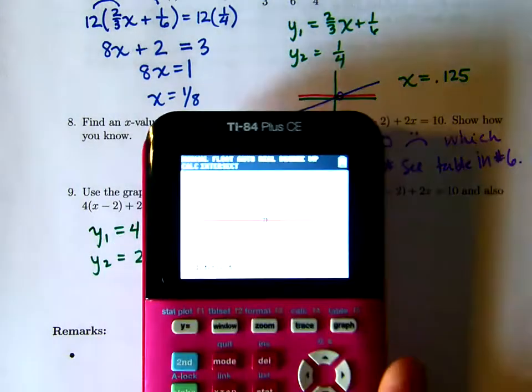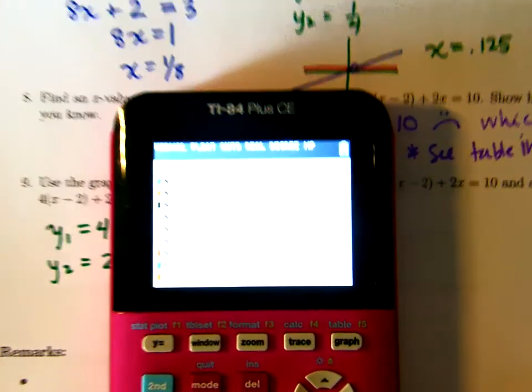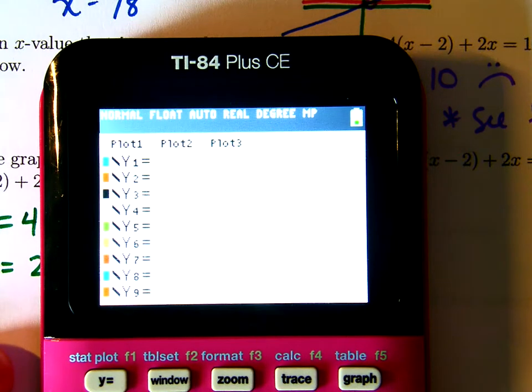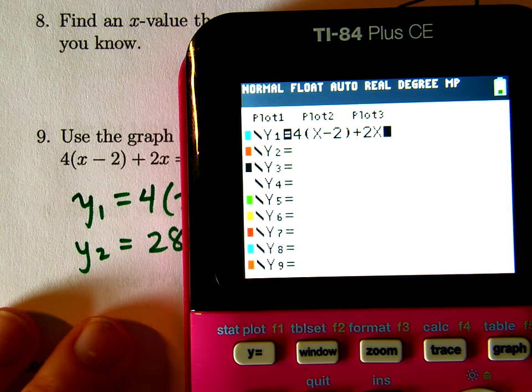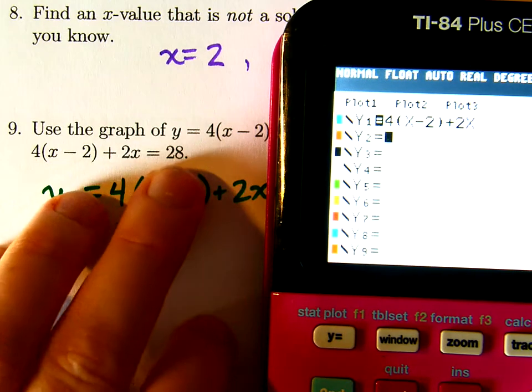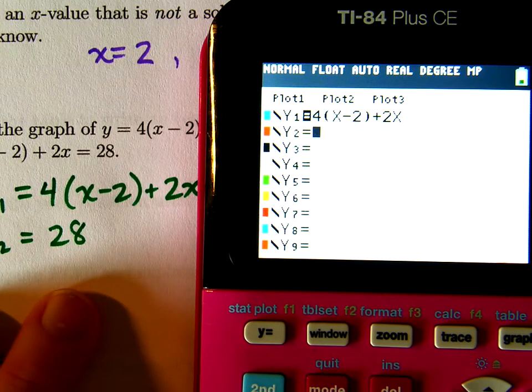Okay, so there's actually kind of a perk to doing this calculator business. A little bit of a perk is, all right, what was our equation? 4 times the quantity x minus 2 plus 2 x's. And now, if I wanted to solve this equation for many things at once, like first we did 10, but now we're doing 28, all I would be doing is changing this y2.